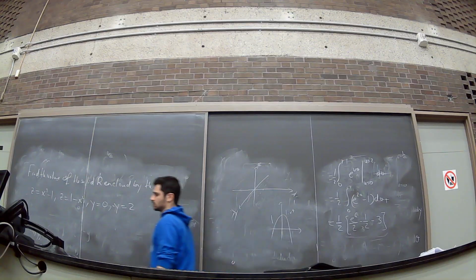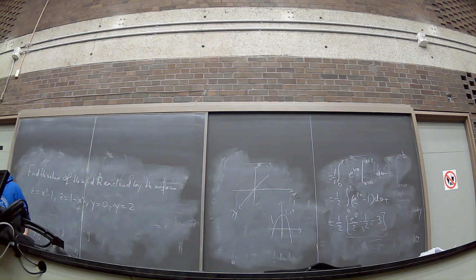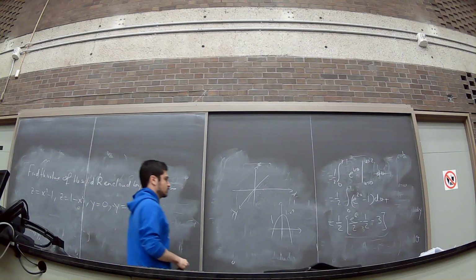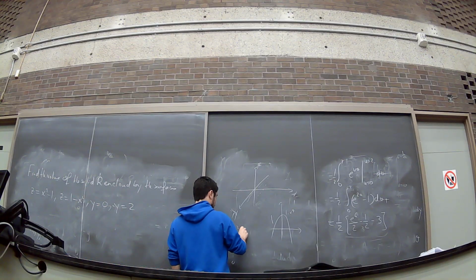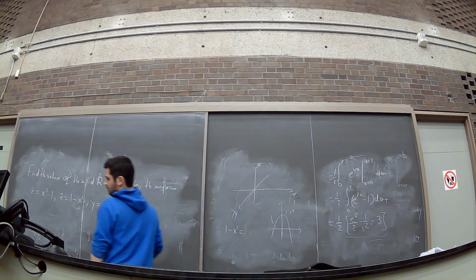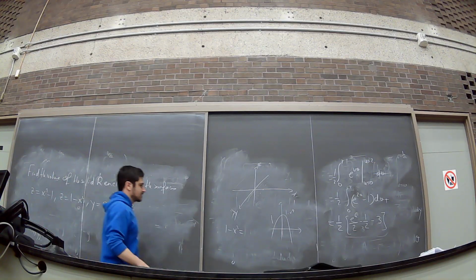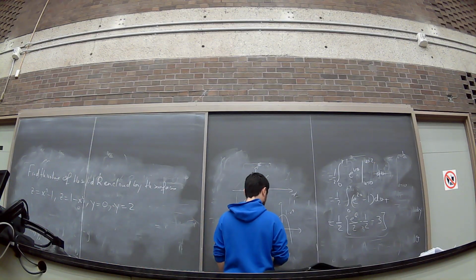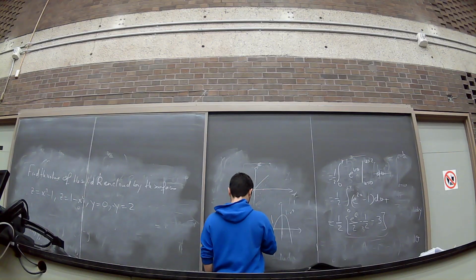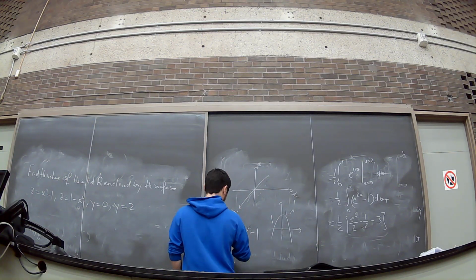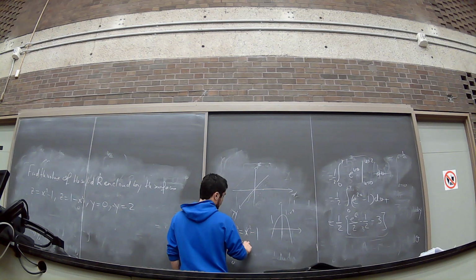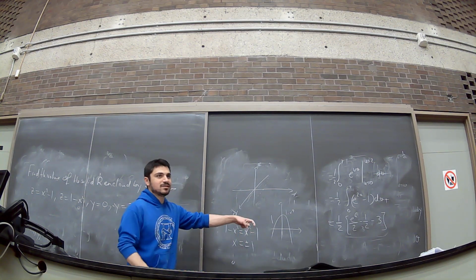Wait, a second. They actually intersect at x squared minus 1, and the height is 0.